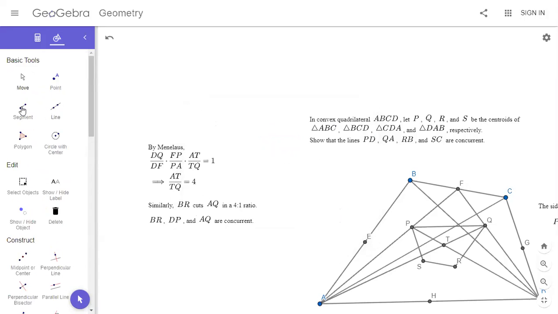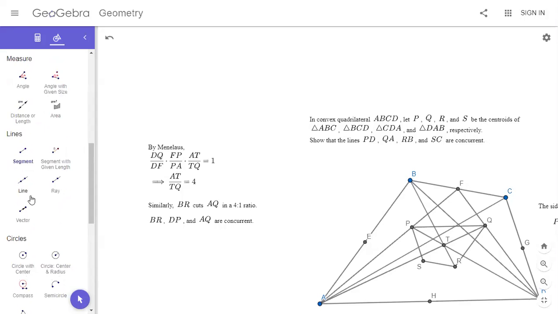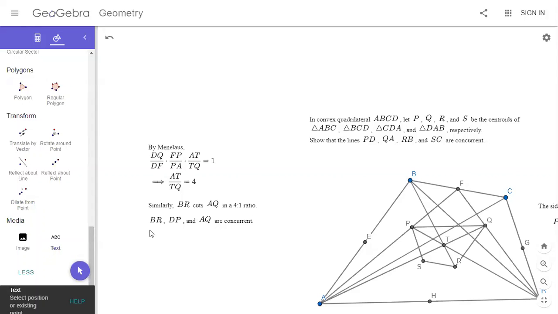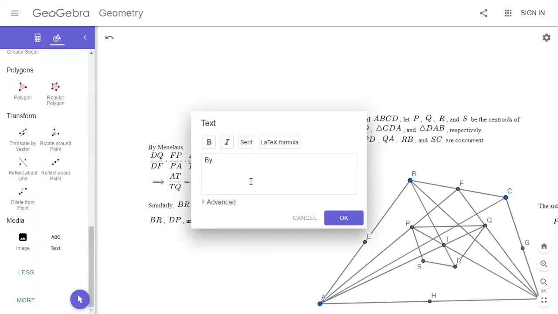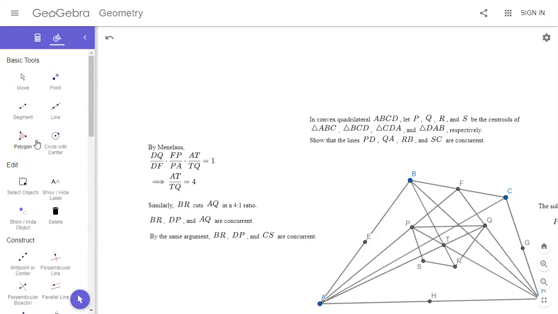Okay. And then by the same argument, I'm just writing it out, BR, DP and CS are concurrent, and that solves the problem.